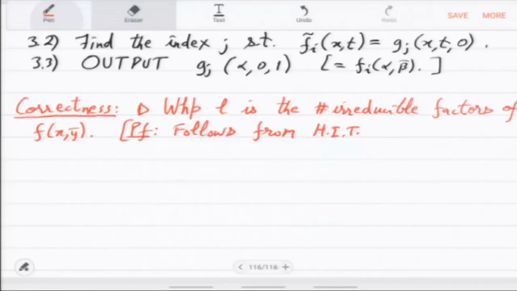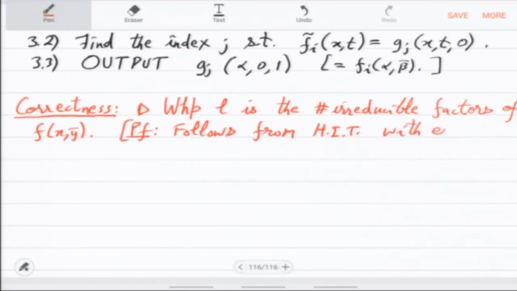Right, so the irreducible factors of f will remain irreducible when you go to bivariate, and so the information L is not lost, that you can see.